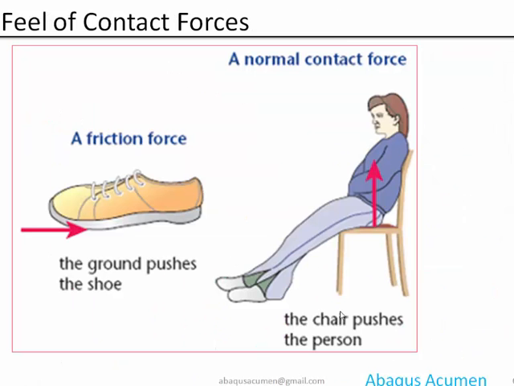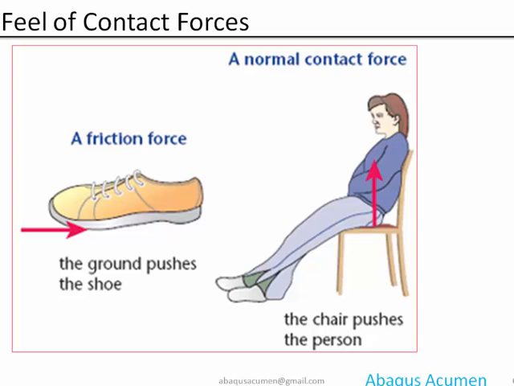Now let's get more of a feel for these contact forces. Whenever you talk about contact analysis or contact mechanics, going forward you will always hear two terms. One is the normal contact force and one is the frictional force. These are the two terms mostly used in contact mechanics. Now try to get a feel of these forces.